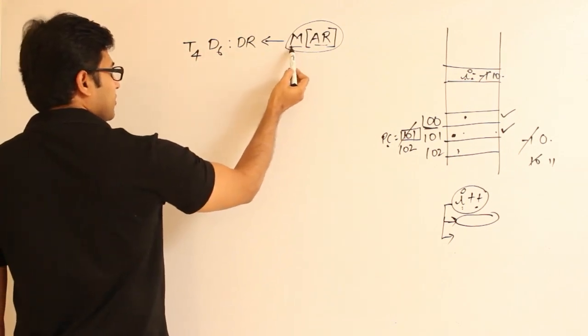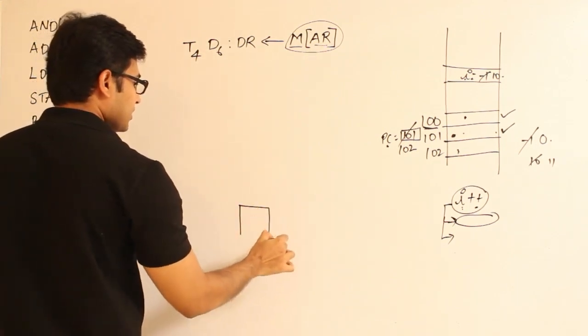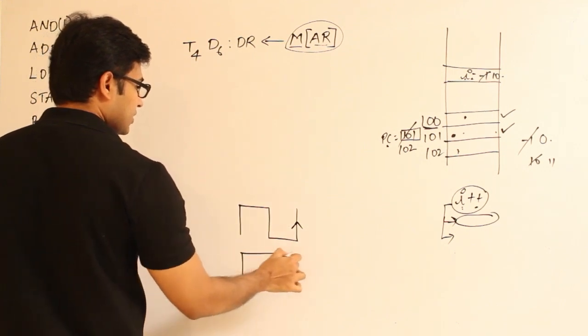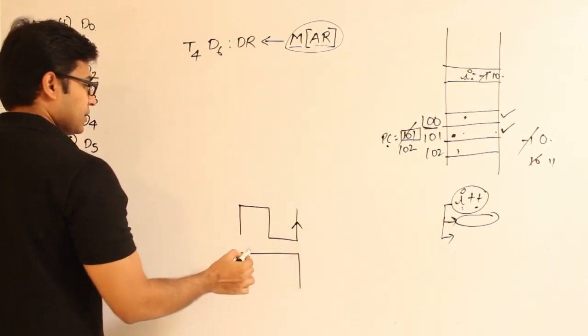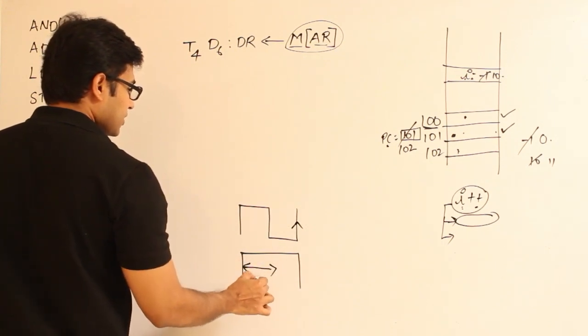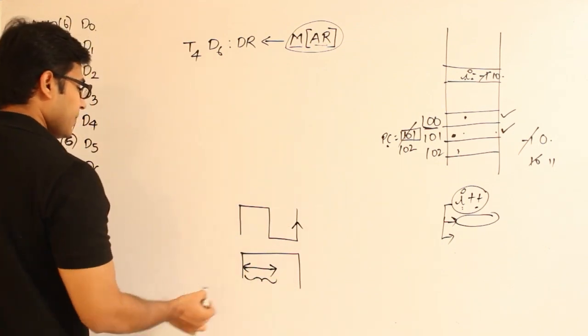That depends on the memory cycle time, right? So if this is the cycle you are using, and this is T4, then I am saying that in the initial part of it itself, and this depends on how fast your memory cycle is, how fast we can read a word from memory.